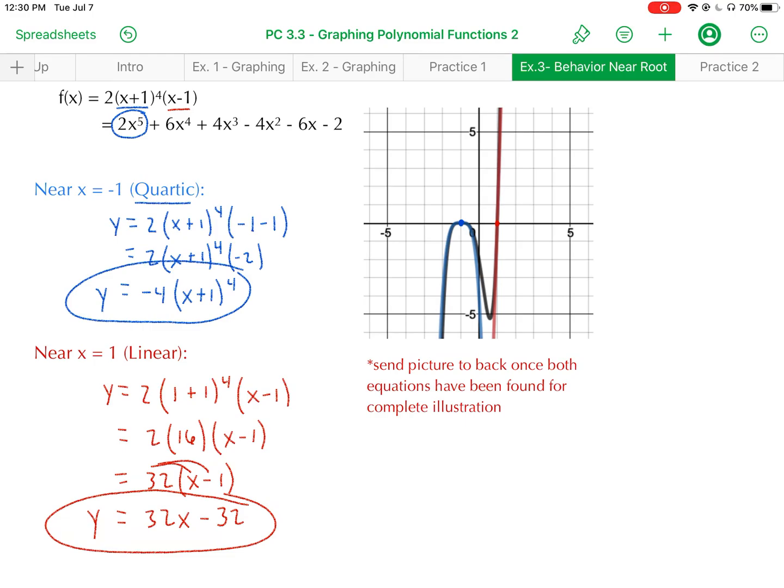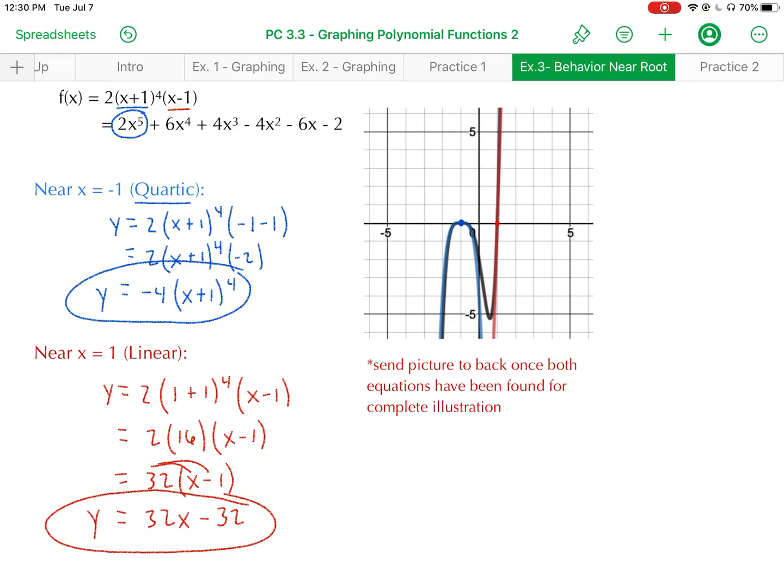Okay, so hopefully that all makes sense to you. And again, this is just another way that you can check if your sketches for your graphs are pretty accurate. Obviously, if you come up with an equation to represent the behavior near an intercept that doesn't match what you've sketched, then you know you've probably gone wrong somewhere.